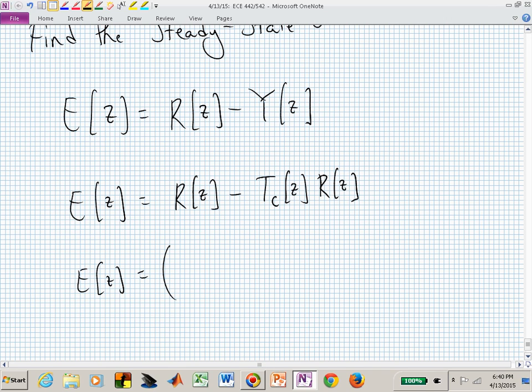We can now factor out the R, and we have 1 minus K(z minus 1/2) over z times (z minus 1) plus k(z minus 1/2).